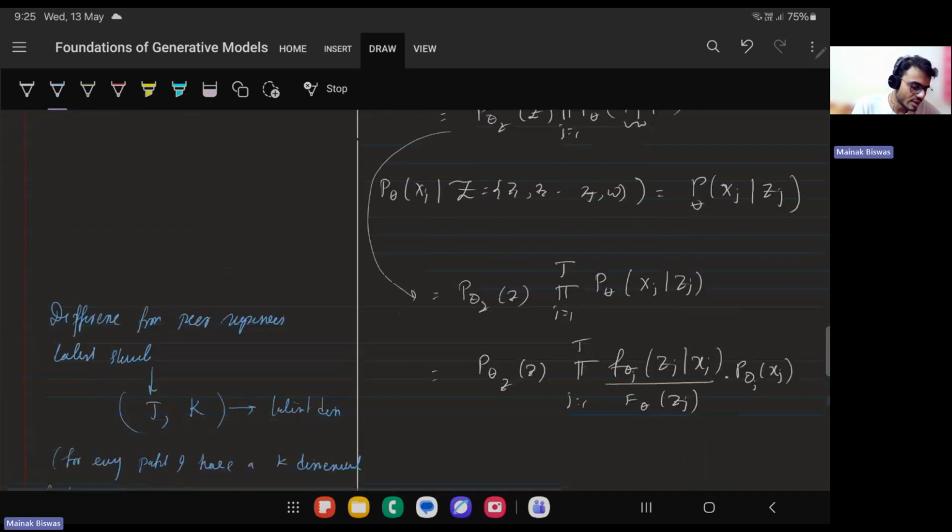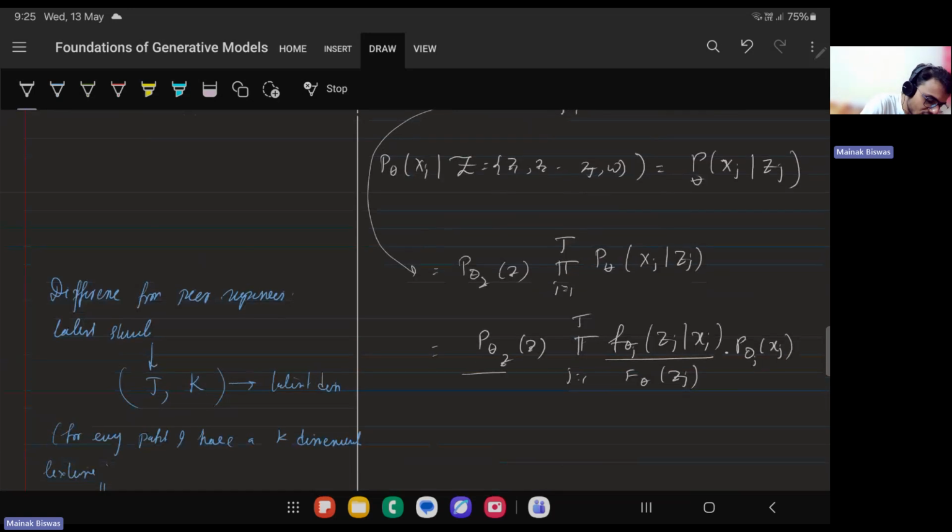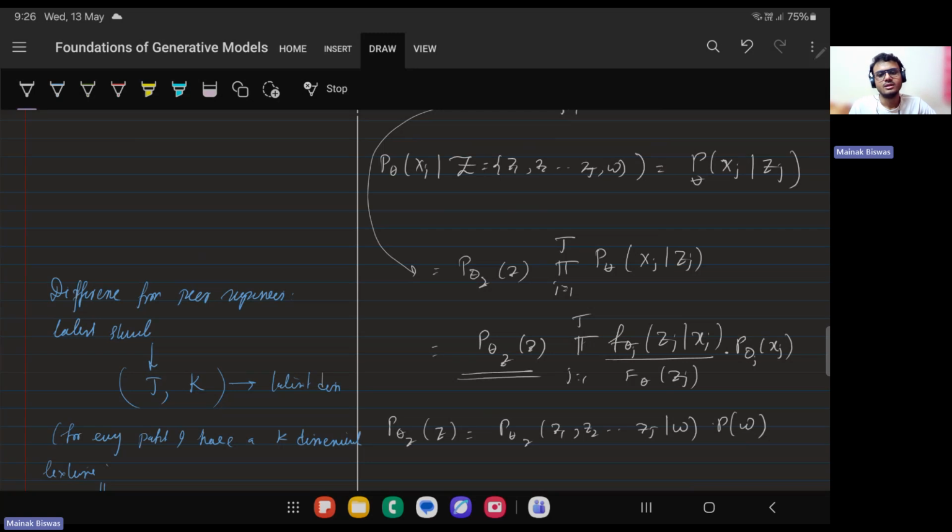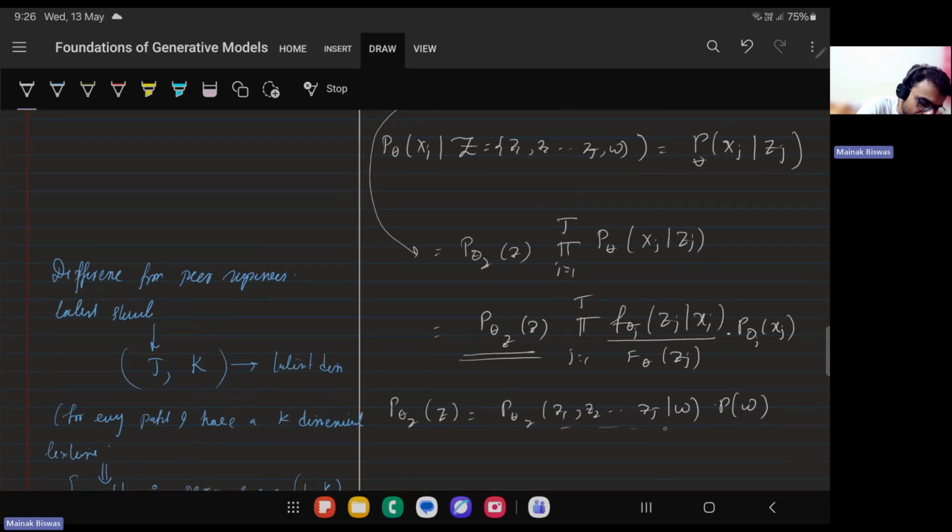So now as soon as you do this, if you can see the p theta of zj, this can be written as p theta of z1, z2, dot dot dot zj given omega, times p of omega, right? So all the zj's, j equal to 1 to J, and omega are in Z, and there is a condition on omega.